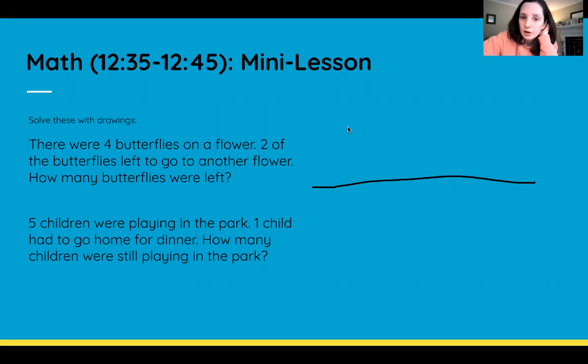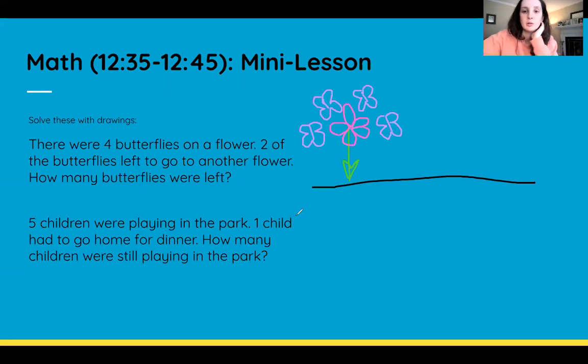I'll start with my drawing. All right, so I know I had 4 butterflies. And 2 of them left.